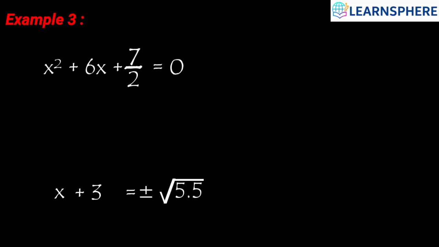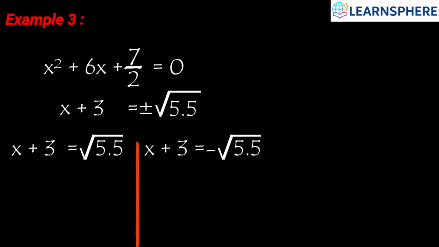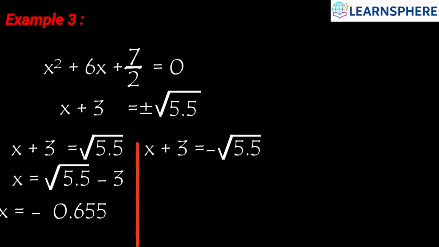Now we have two equations to solve for x, which are x + 3 equals positive square root 5.5 and x + 3 equals negative square root 5.5. To solve for x, on the left-hand side, we can take x equals positive square root 5.5 minus 3, which will give us, in 3 significant figures, negative 0.655.